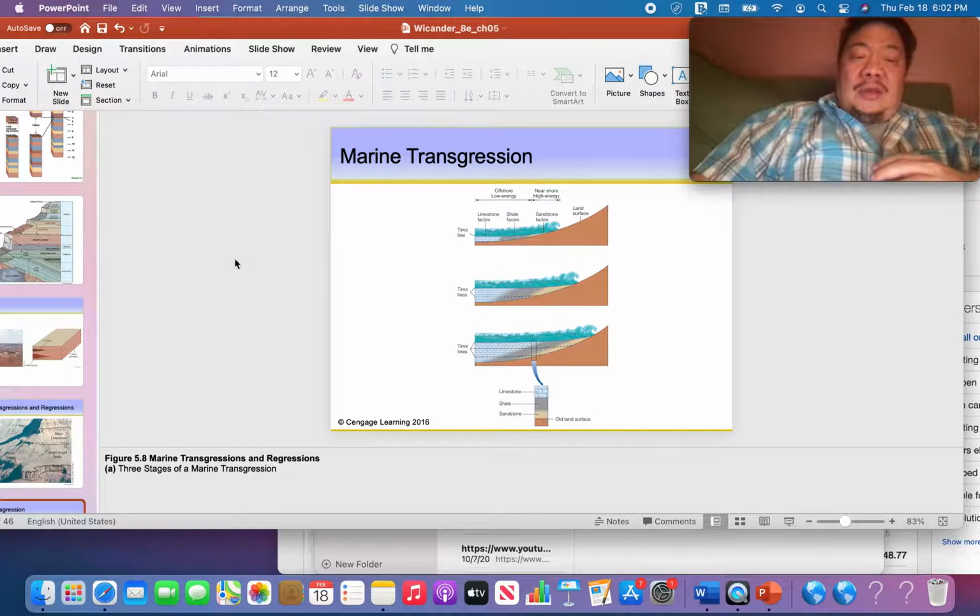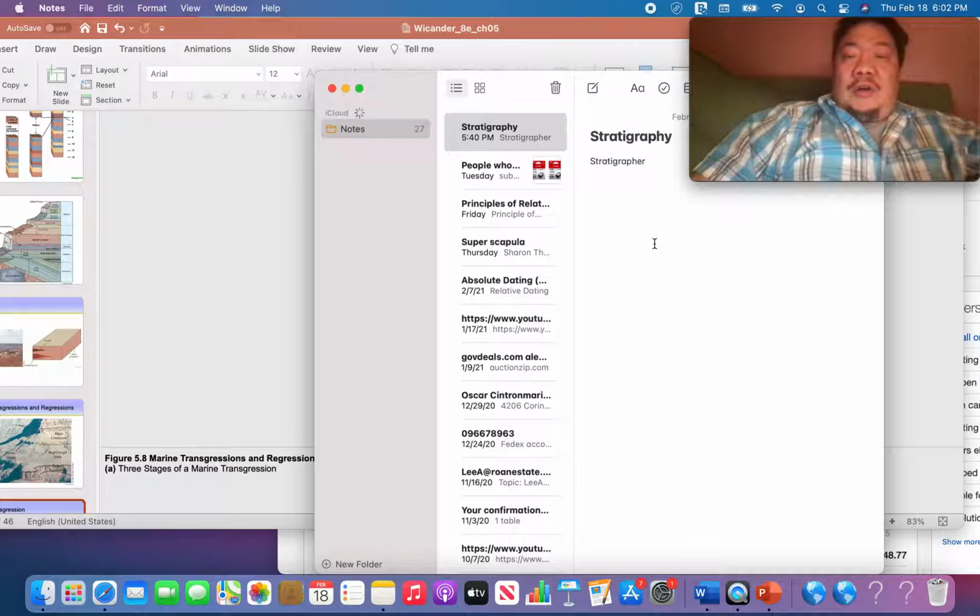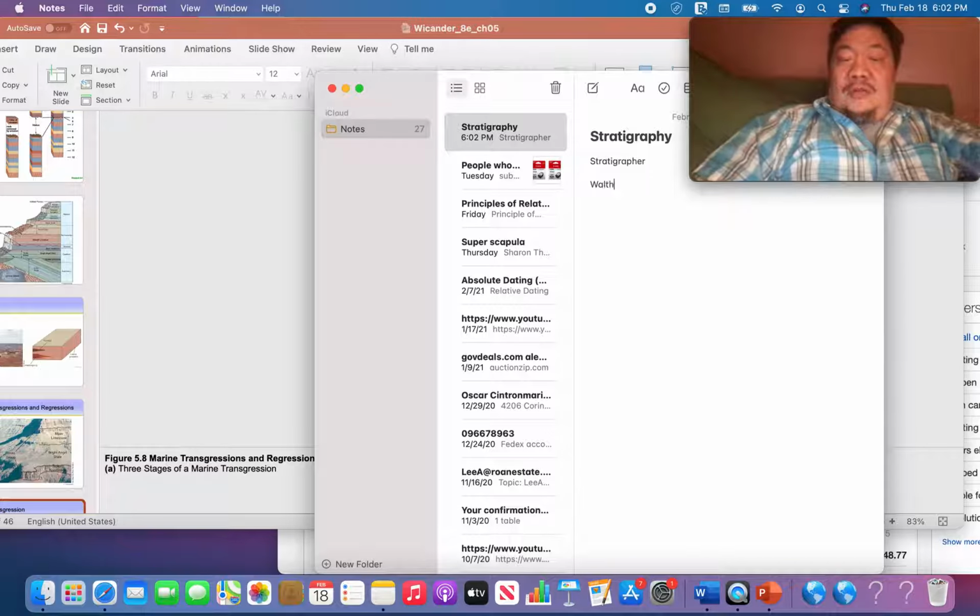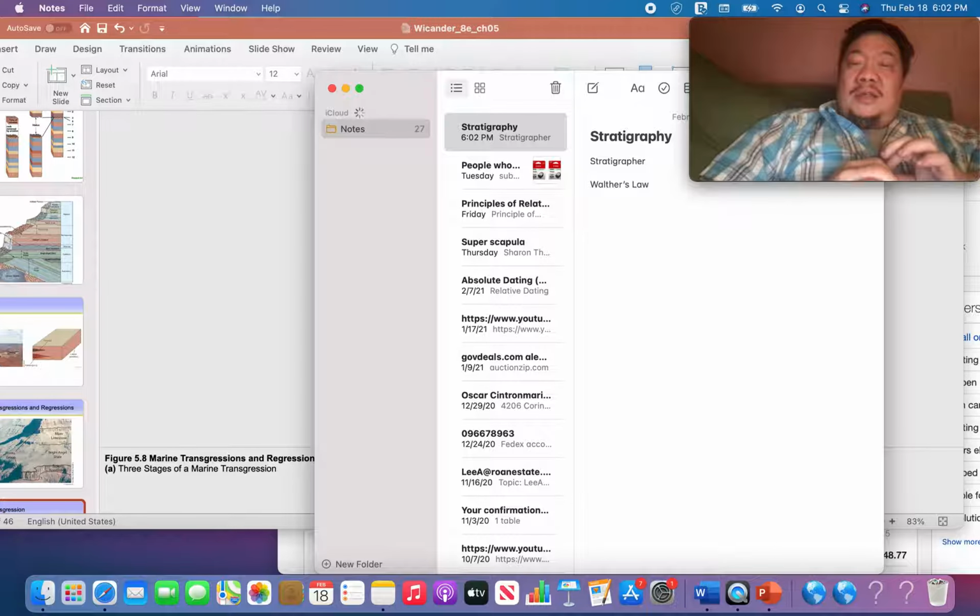In order to do that, we use something called Walther's Law. Why is it not Walter's Law? Walther's Law? Because it's German and the W is pronounced V, so it's Walther's Law.